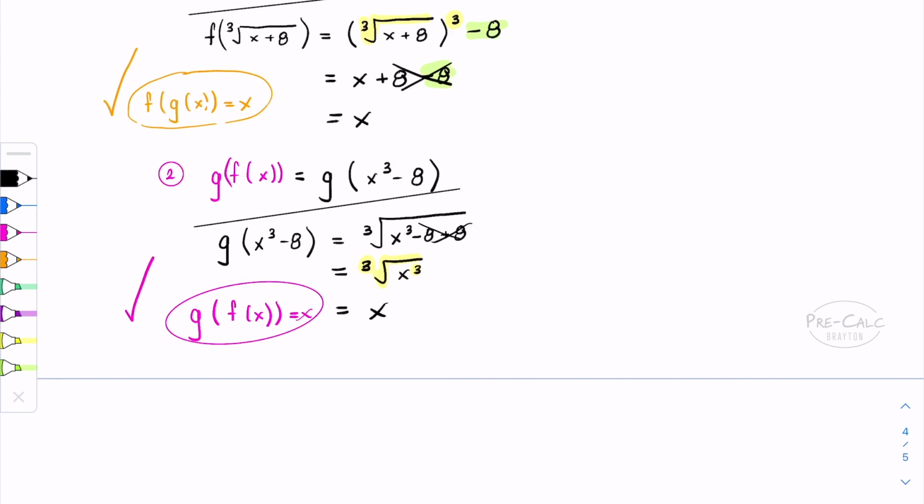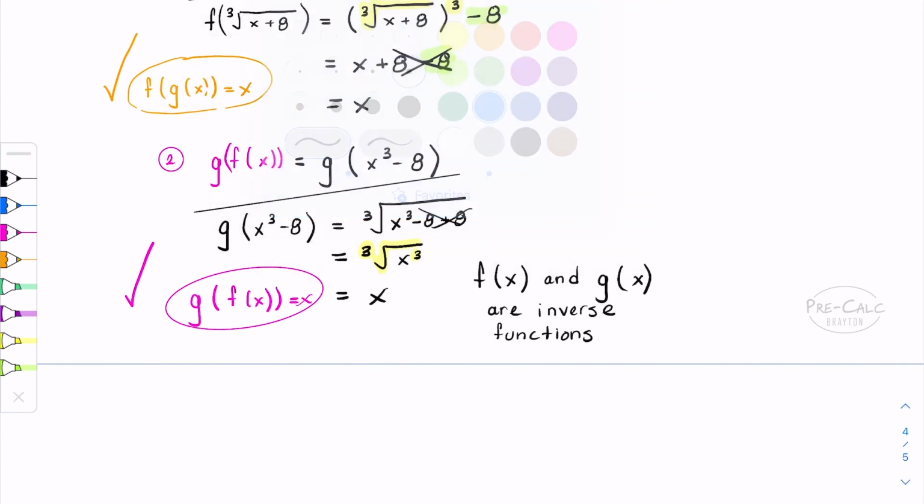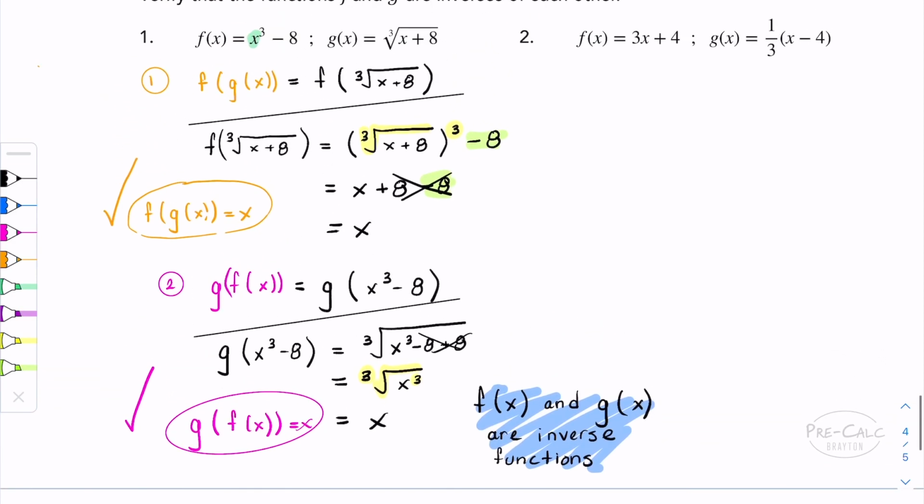So therefore, we can say that f of x and g of x are inverse functions of each other. And for number 2, just follow along while I complete this problem.